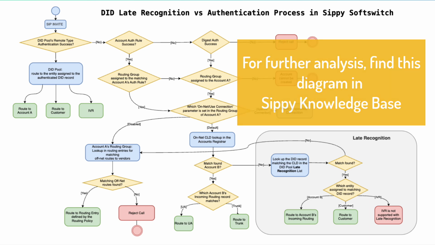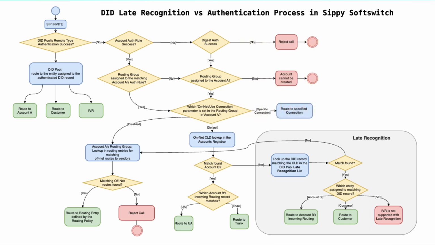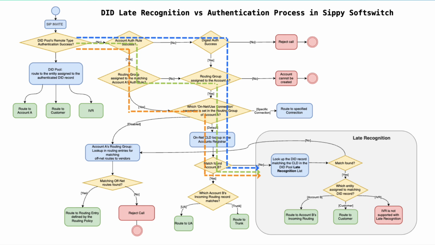As we covered in the previous video, an incoming call must first pass through one of the three core authentication stages: remote DID pool authentication, account authentication rules, or digest authentication. The late DID recognition process becomes relevant only after a call has successfully passed either the account authentication rules or digest authentication. As shown in the diagram, there are three possible routes for a call to reach late DID recognition.